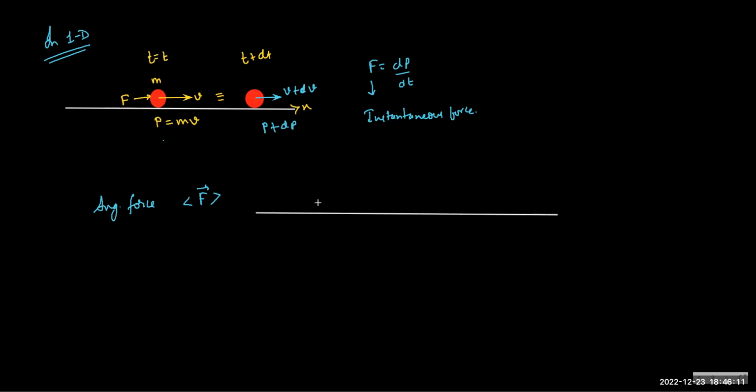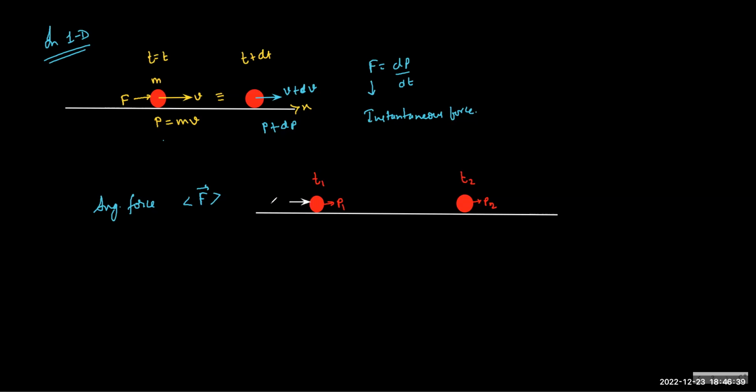So whenever we are trying to calculate the change for a large interval, let's say this is T1, let's say this is T2. So it's a big interval. And let's say the momentum here is P1 and momentum here is P2. So the average force that the object must have experienced over the duration.